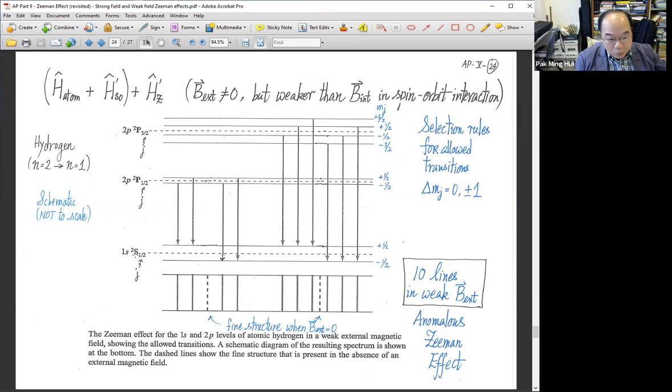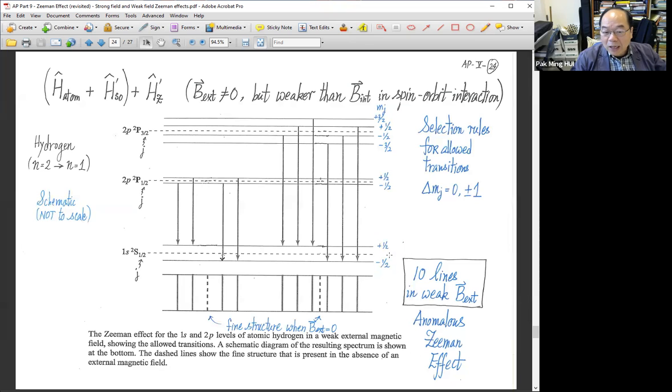Similarly, for the ground state, 1s, in the J label, it is J equals 1/2. It's L equals 0 plus spin 1/2. 0 plus 1/2 is 1/2. Okay? Now in the external field, it's split into two levels according to the MJ value.